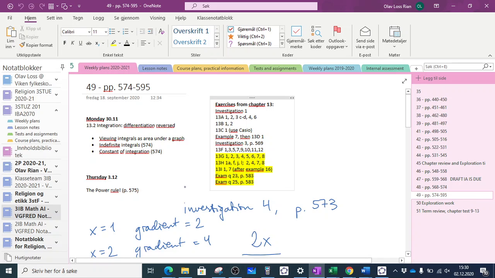This is the form that you'll find it in the formula booklet. So you can see that here. I don't think it's the most user-friendly version of the rule, so I'll just give you, I mean, it's the same rule, but it just looks slightly different, and it's easier to use that way.